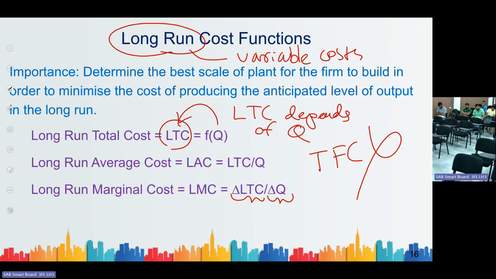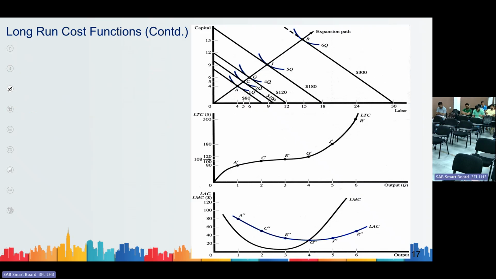Long run marginal cost is change in long run total cost divided by change in Q. We observe a pattern like this. There is no fixed cost. Long run total cost takes the same shape, initially increasing at a decreasing rate and then increasing at an increasing rate.